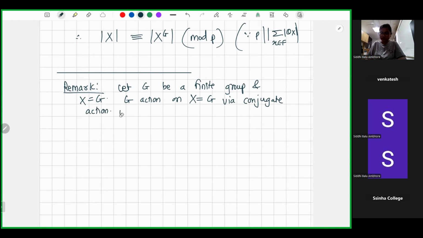That is, G cross X to X is such that (g, x) goes to g x g inverse.